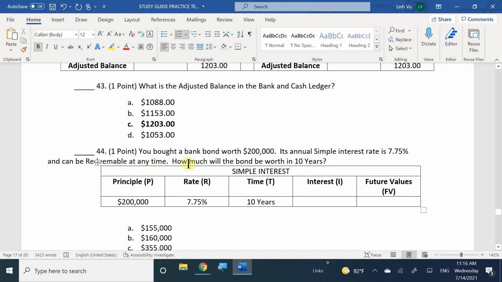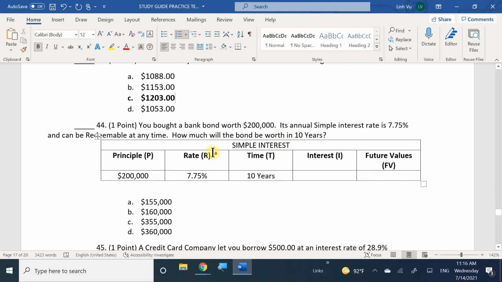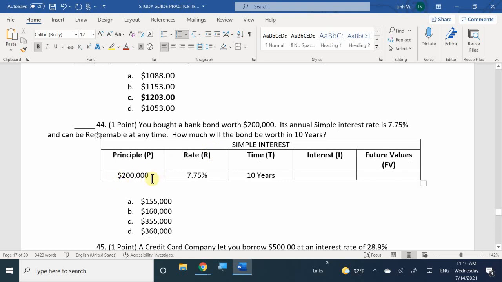How much will the bank bond be worth in 10 years? So in this case, I have $200,000, the simple interest rate is 7.75%, and I have it for 10 years.